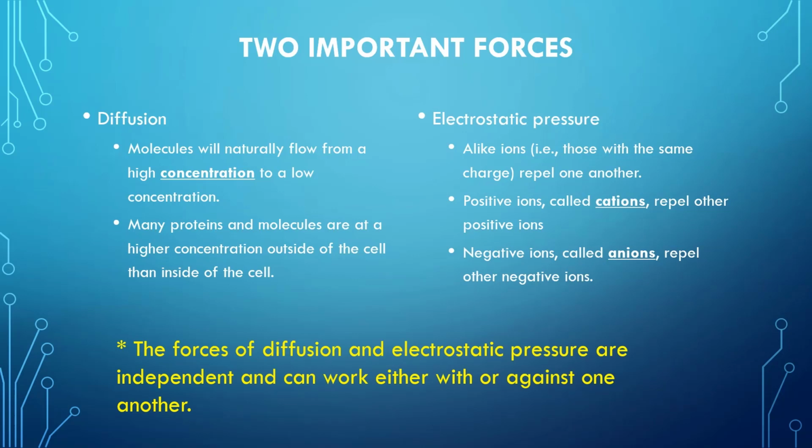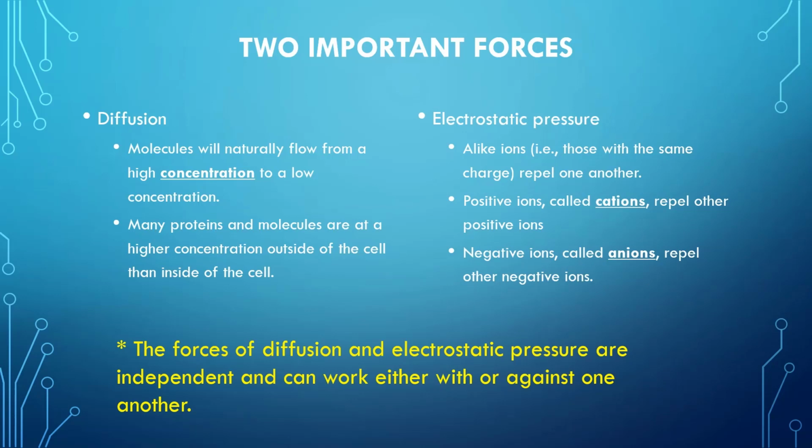Why do we care about explaining these two separate forces in such detail? Well, the important thing about explaining them in detail is that these two are independent forces. So I can have a high concentration of something, and that would mean that the molecules want to separate because of the concentration.